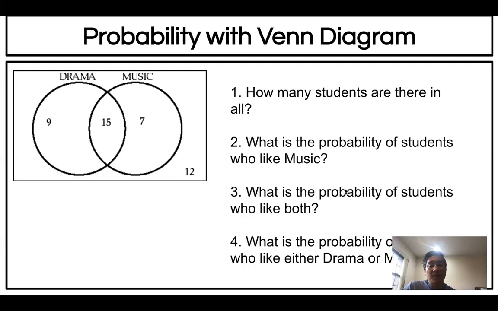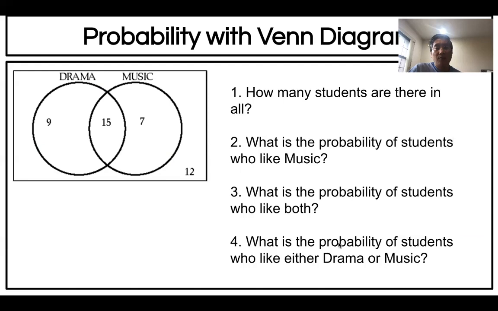Intersection. So 15 out of 43. Then what is the probability of students who like either drama or music? Either is union. So 9, 15, 7. Altogether it's 31 out of 43, right?